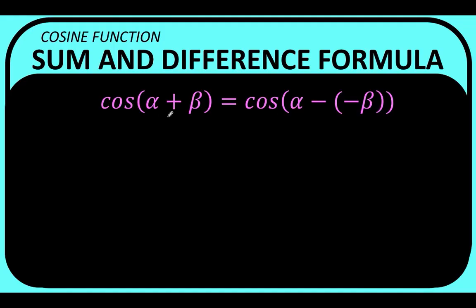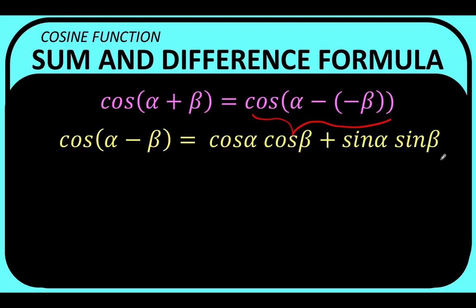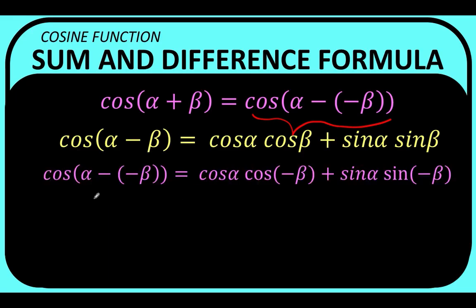So you will arrive at alpha plus beta. But when we rewrite cosine of alpha plus beta in difference form, we'll be able to apply the results that we already derived previously. So using now these results for the difference identity of the cosine function, we find the equivalent identity for cosine of alpha minus negative beta.